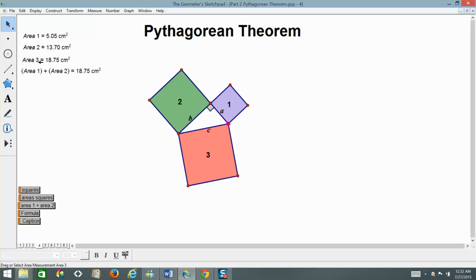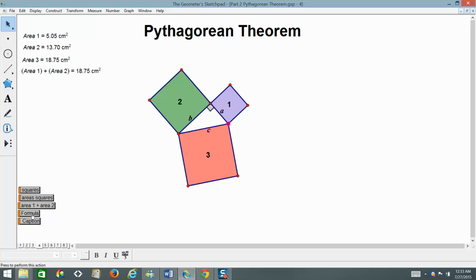Yes, the area of square 3 is equal to the sum of the area of square 1 and square 2. Still the same. So from this finding, we can make the formula of this relationship, that the area of the square on the hypotenuse is equal to the sum of the areas of the squares on the legs.